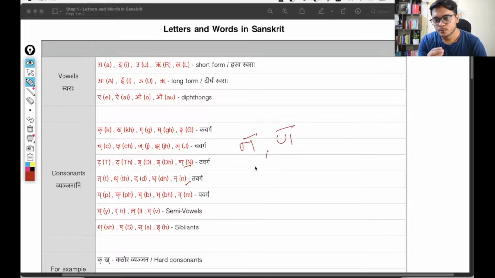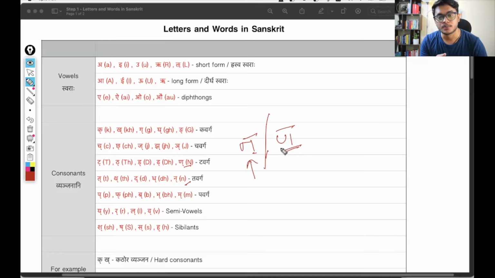A lot of people pronounce them exactly the same, calling both of them na. But this is not na, this is ra. Your tongue has a bit of a backward roll when you say this letter. So pronounce it with me: ra, ra. There is a difference between how they are pronounced.